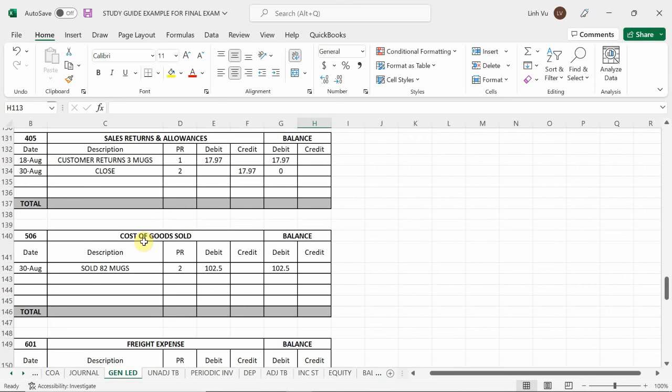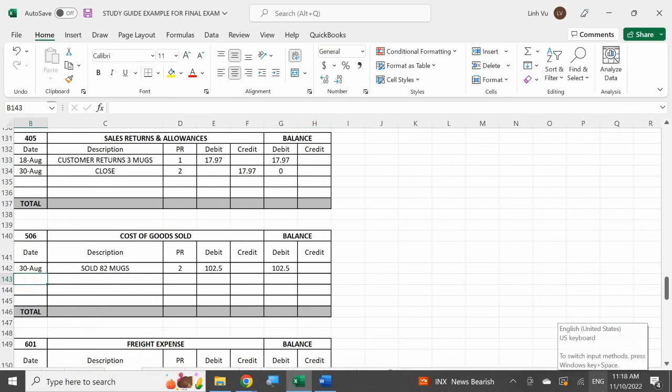Before all of that, you're missing one expense account. Cost of goods sold. Cost of goods sold is 100% an expense account, right? It's its own category.